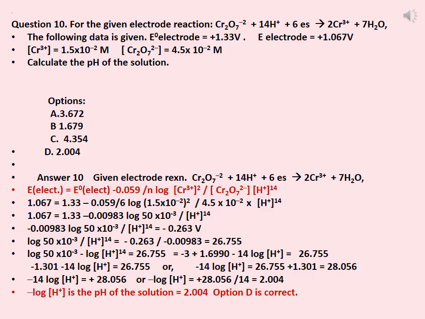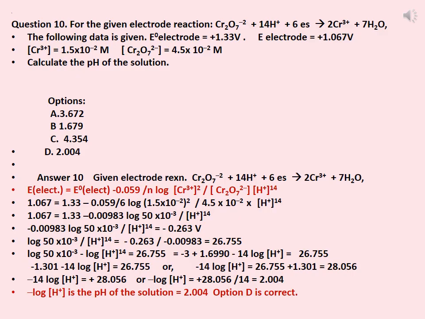10th question. For the given electrode reaction Cr2O7 2 minus plus 14H plus 6 electrons gives 2Cr3 plus plus 7H2O, the following data is given. E0 electrode value is plus 1.33 volt. E electrode value is plus 1.067 volt.